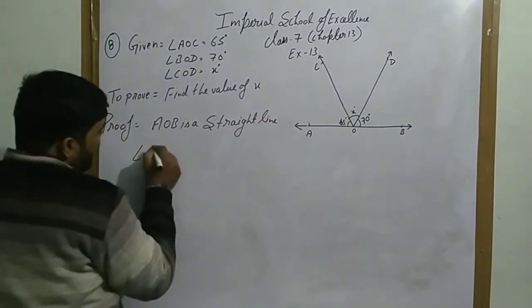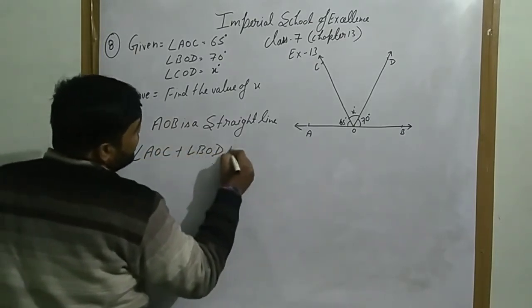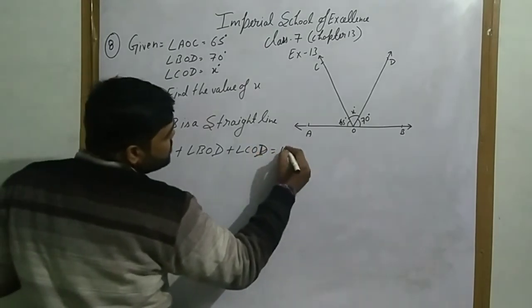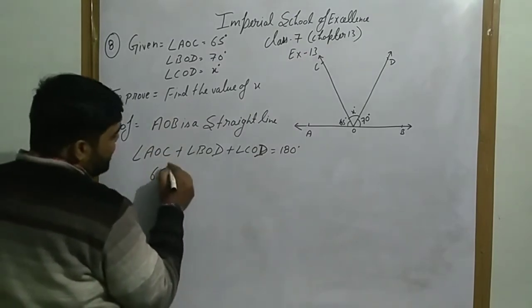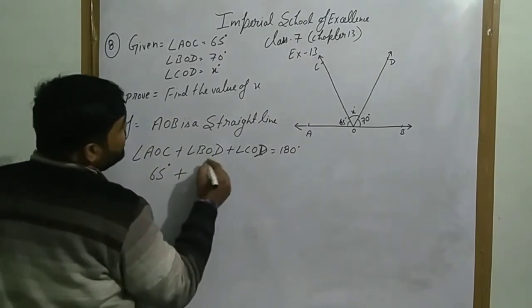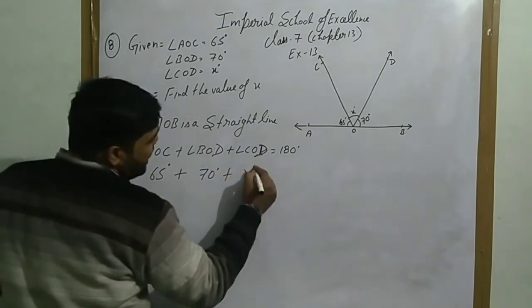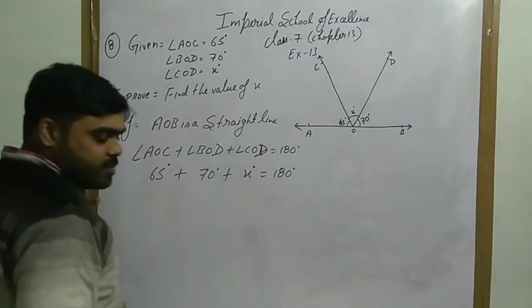So angle AOC plus angle BOD plus angle COD equals 180 degree. Now AOC is 65 degree plus angle BOD is 70 degree plus angle COD is x degree equals 180 degree, right?